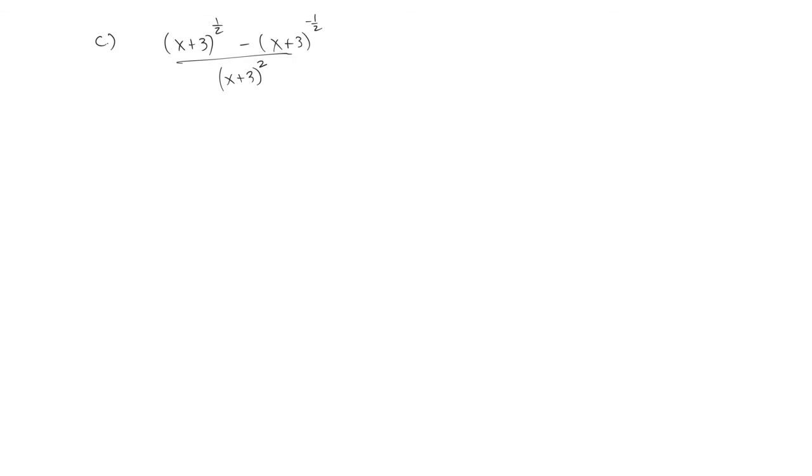Okay, here's our last one. Let's see, I'm looking at the top and I'm seeing negative exponent, so I'm thinking, who has the smallest exponent, and it would be the negative 1/2. Okay, so my base, it doesn't matter what my base is, but out's going to come that base, in this case it's x plus 3 to the negative 1/2. Out that comes. Okay, and now I have x plus 3 to the original 1/2.